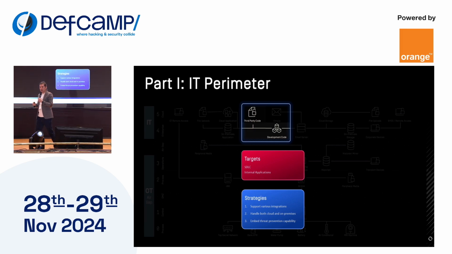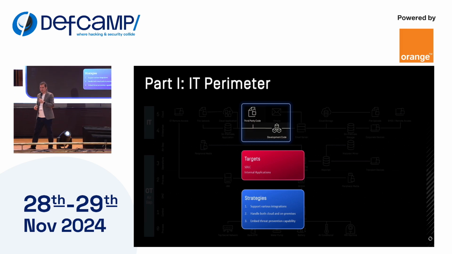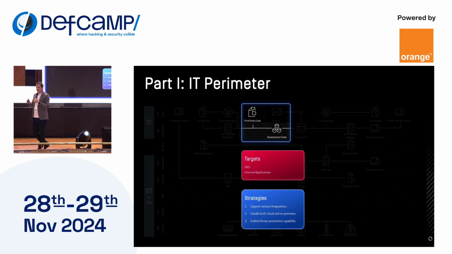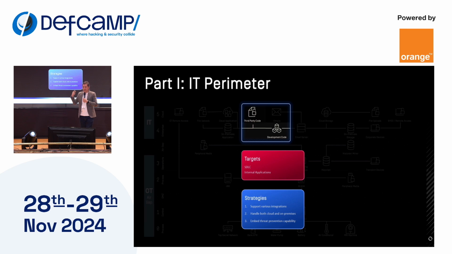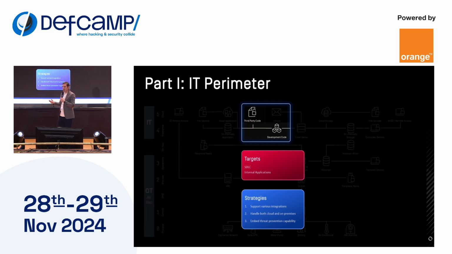And we can only do that if we don't really slow them down, right? If we have an integration that allows them to do their job, but we provide the security layer on top, that's going to make them happy, right? And that's going to keep the company safe as well. And obviously that solution, again, back to my point, it has to be able to handle both cloud and on-premise deployments.